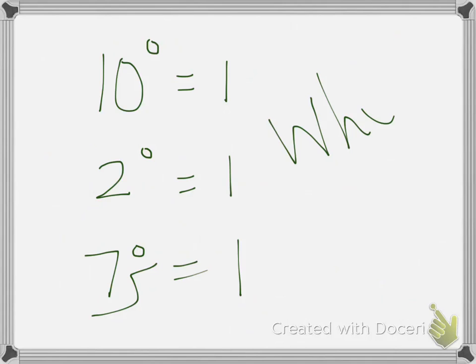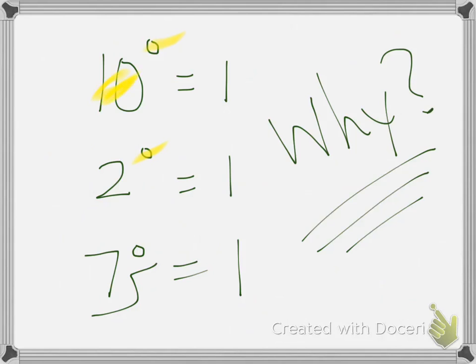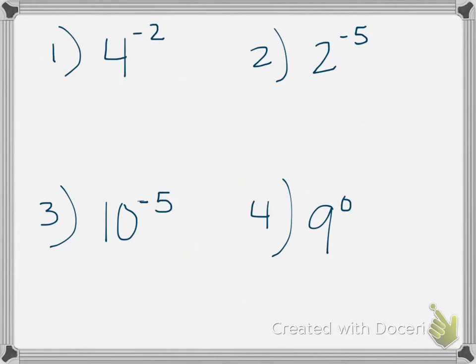The why to this, I don't have time to do right now in the video, so you'll definitely hear about this during class, but you just need to know if it's ever to the 0 power, no matter what your base is, it's always going to equal 1. Why is coming.